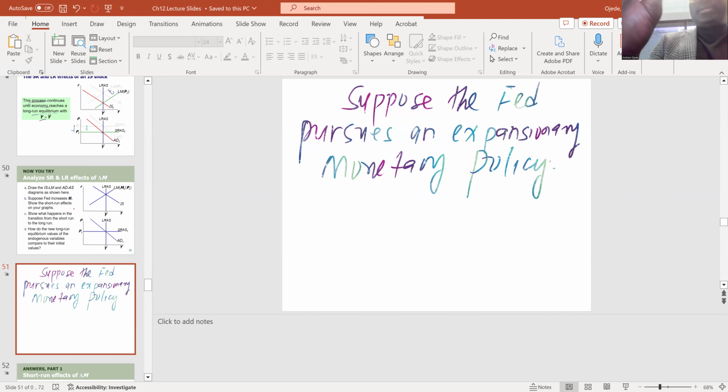That means the Fed is increasing the money supply, so delta M would be greater than 0 in that case.